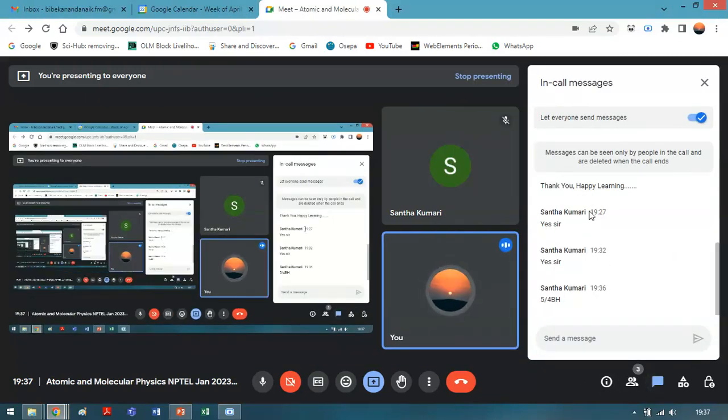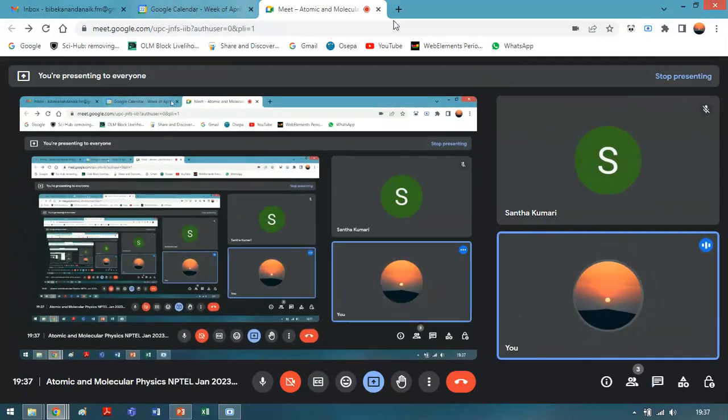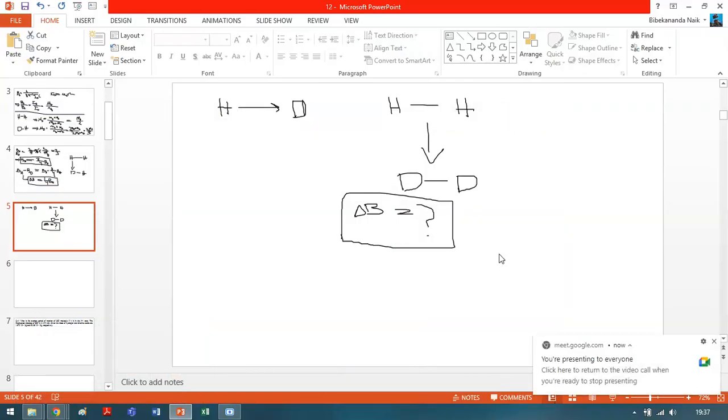Let me calculate it. So when we calculate, what will be the change in this case?